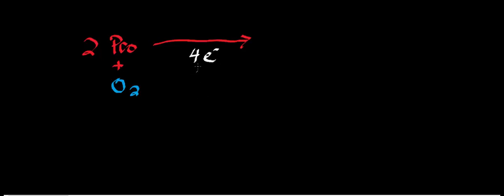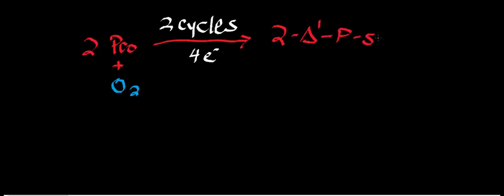In other words, we're going to have 2 cycles of proline oxidase. And so what we're going to get is 2 delta-1 pyrroline-5-carboxylates, and then we're also going to get 2 molecules of water, so 2 H2O. That's a better way of putting this reaction.